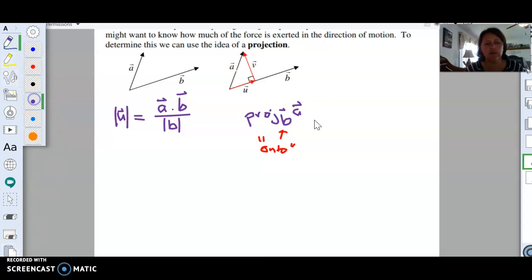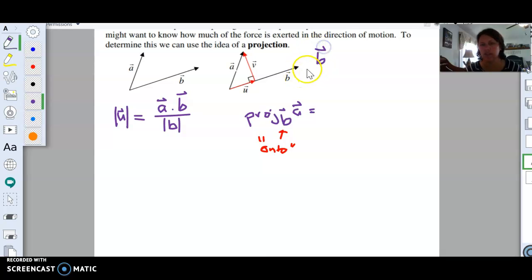And that is equal to, so what we want for our projection is for it to have this magnitude, but we want it to go in the direction of vector B. So remember what we said about a vector. If we want its direction, but we don't want its length, like we do not want the full length of that B vector, all we want is its projection.